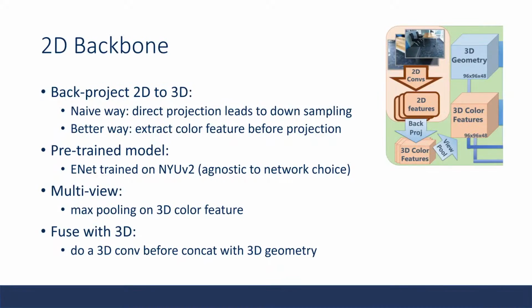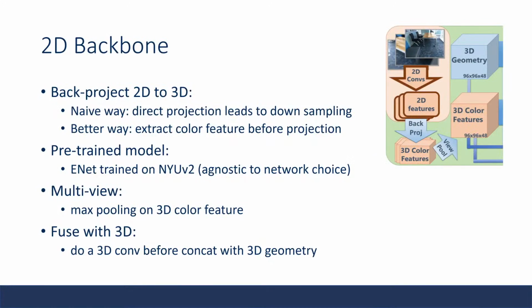The naive way would be a direct projection, yet the image resolution is much higher than the voxel resolution, which will cause a huge downsampling issue. A better way, which this paper proposed, is to use a 2D backbone, here a pre-trained ENet, to extract the color features and reduce the resolution before doing the projections.